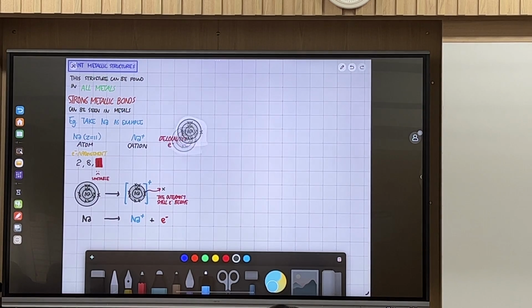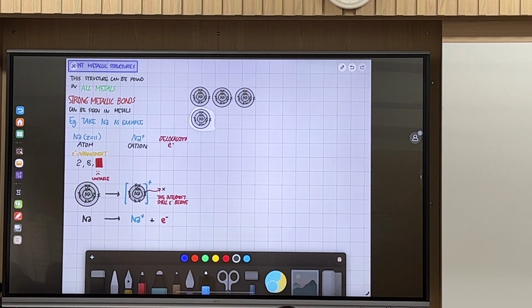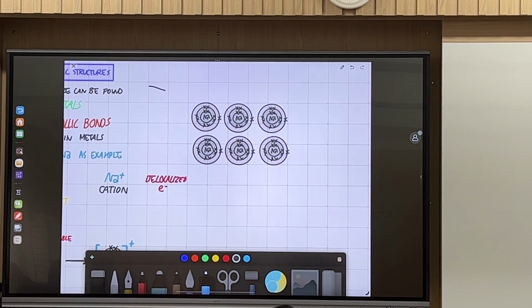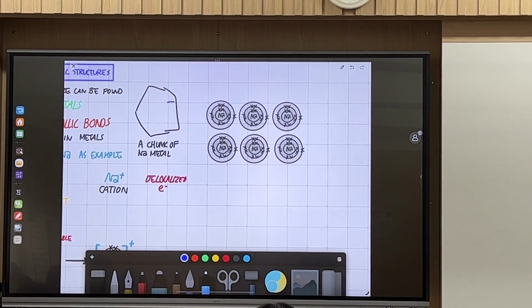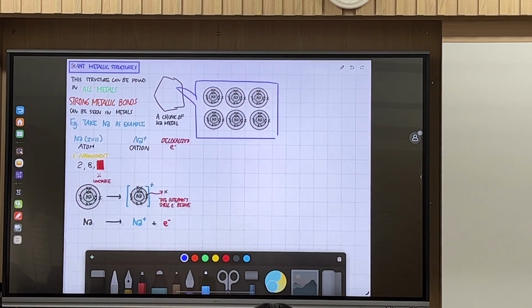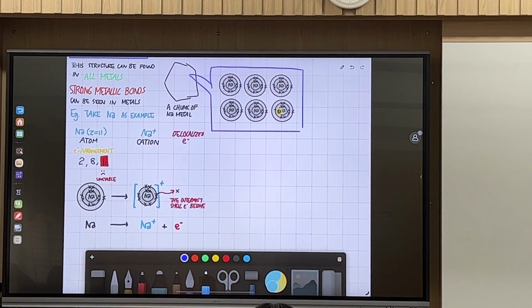Imagine that I have a block of Na metal. At the beginning, all the Na inside this chunk of sodium metal are unhappy. Inside this sodium metal, you will find a lot of sodium atoms that are protesting. They are unhappy right now.